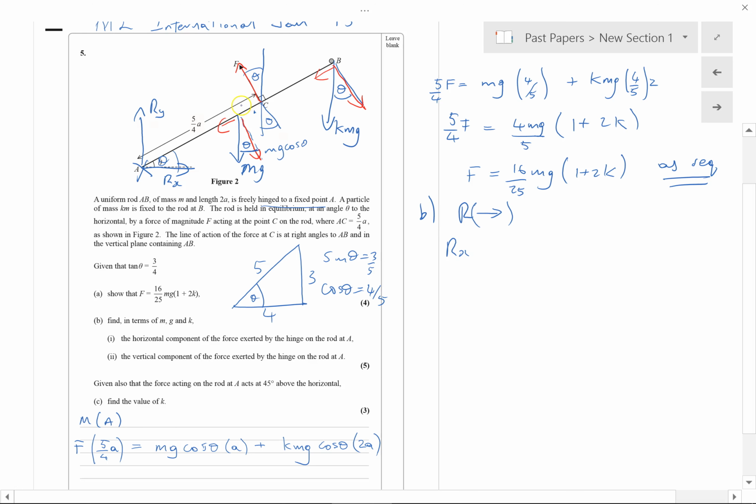So we want the component in this direction, that's F sine theta. We already know F from above, so that's 16 over 25 mg times 1 plus 2k times sine theta, which is 3 over 5. So that's equal to 48 over 125 mg times 1 plus 2k.